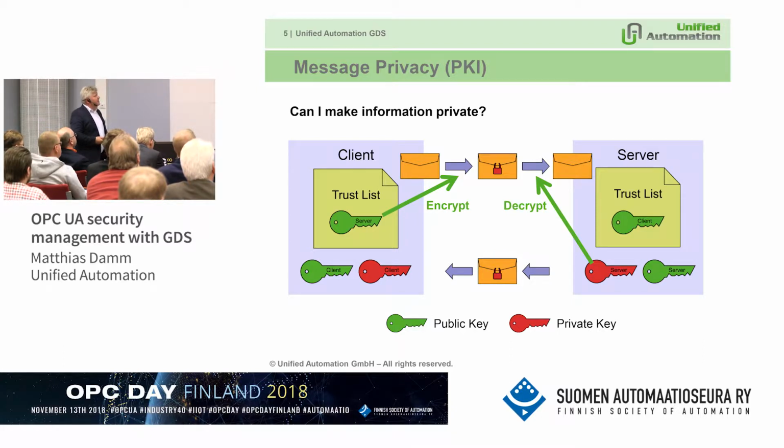It's like to make the communication private, you need to encrypt the messages that are exchanged. So the public key of the receiver is used to encrypt the message, but only the owner of the private key can decrypt the message. So that's one basic principle of communication security.